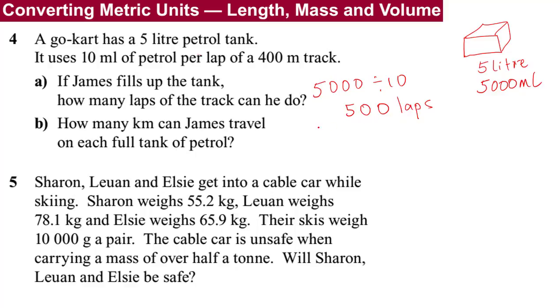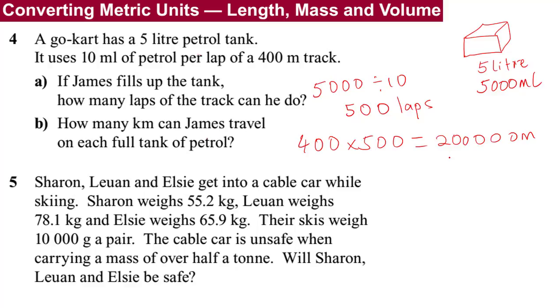So we know that 1 lap is 400 meters and we're doing 500 of them. So what we need to do is to just times them. So I've got 400 and we're timesing by 500 laps to see what the distance is. So that's going to be 20, and of course, I need another 0. Okay, so it's 200,000 meters.